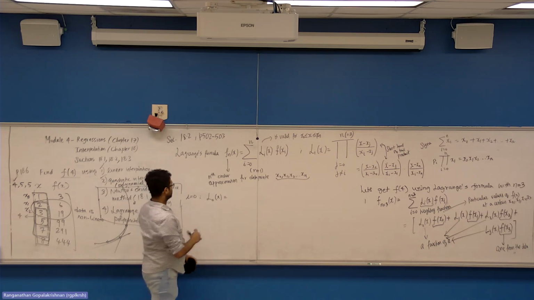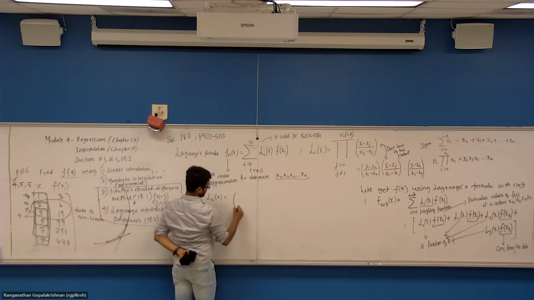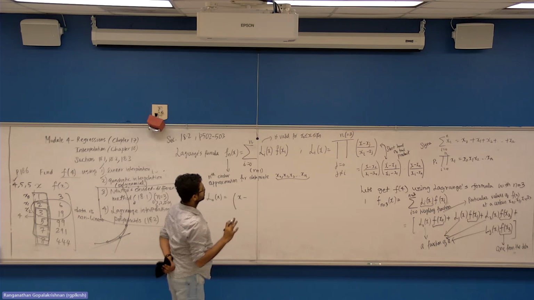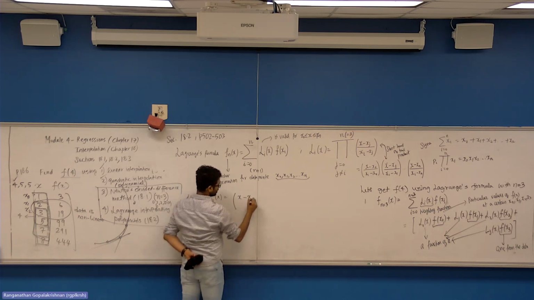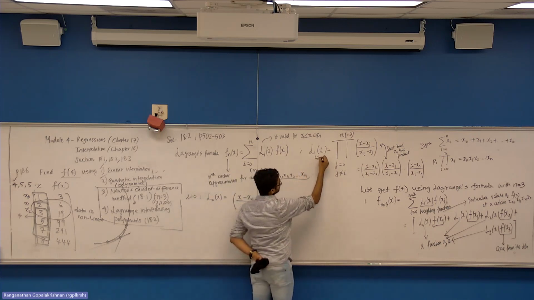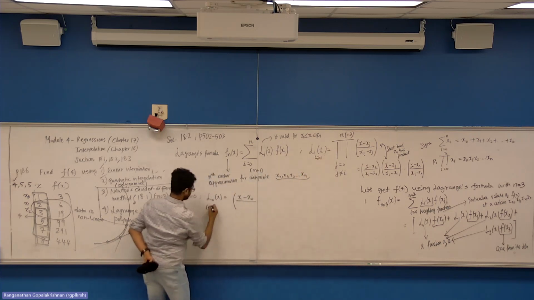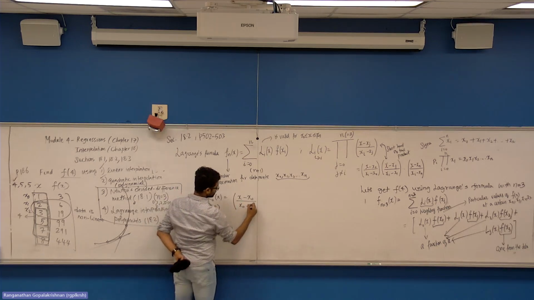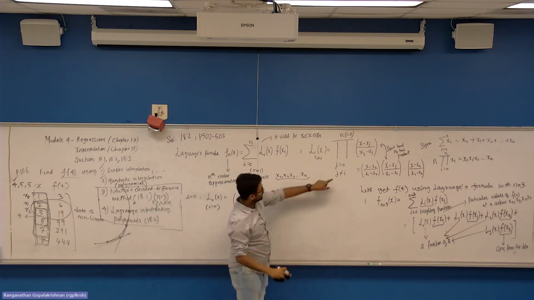Yeah. So this will be x. Wait, I'm looking for this here. Yeah, it will be x minus x naught divided by... okay, in this case, i is 0. I can't have j equal to i.